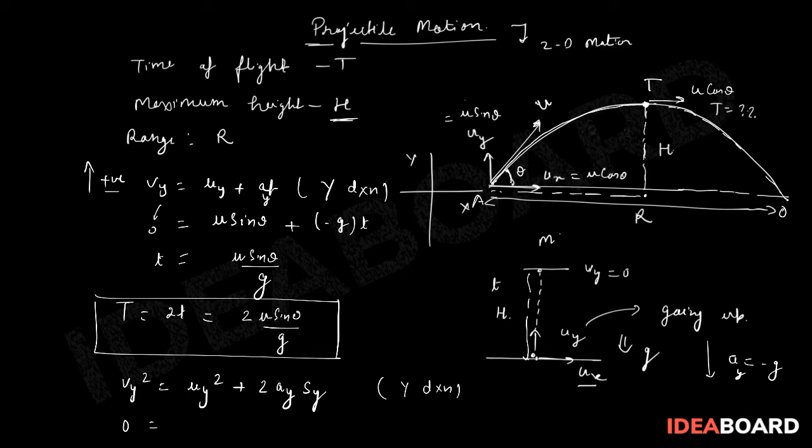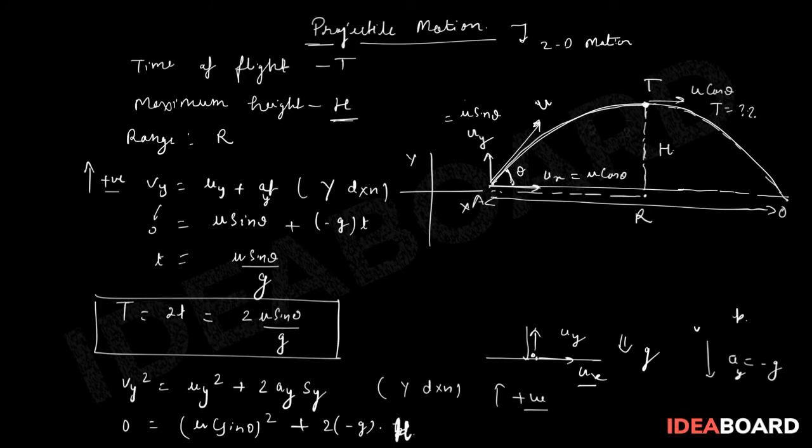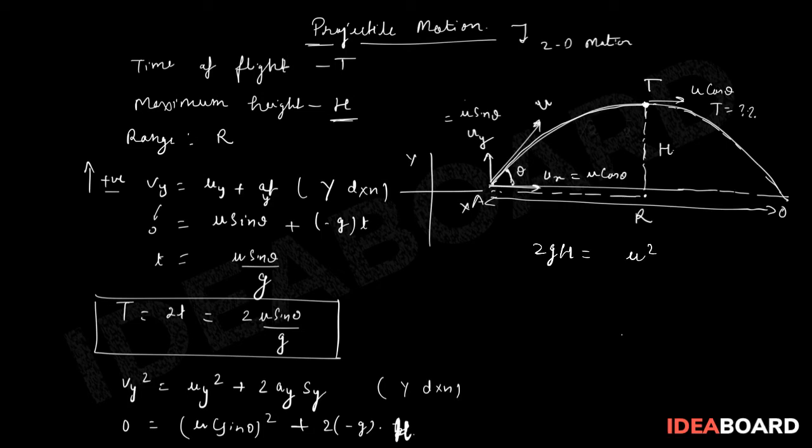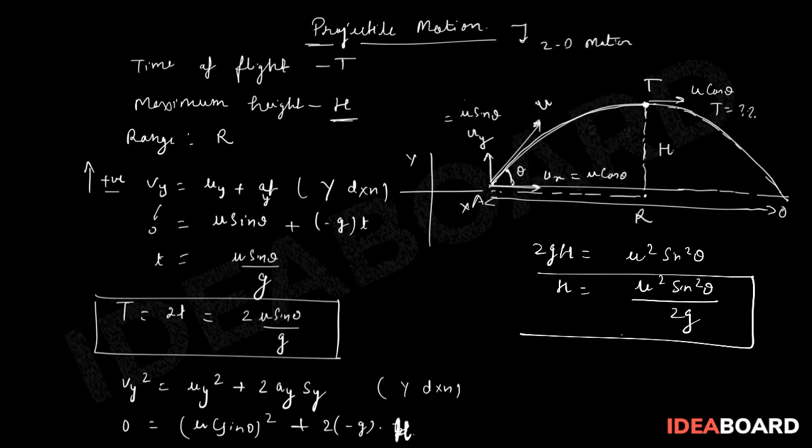So uy is nothing else than u sin theta squared, again taking the positive upward direction, then this will be 2 into minus g into sy, which will be capital H, right? So from here we can calculate the maximum height: 2g into h is equal to u square sin square theta. So h will be u square sin square theta by 2g. So we have obtained the maximum height.